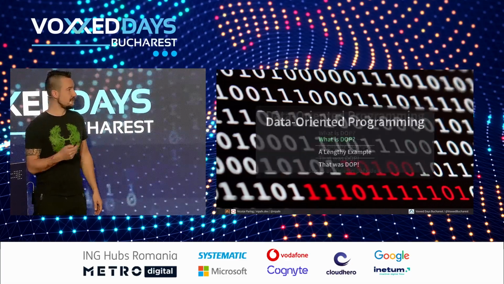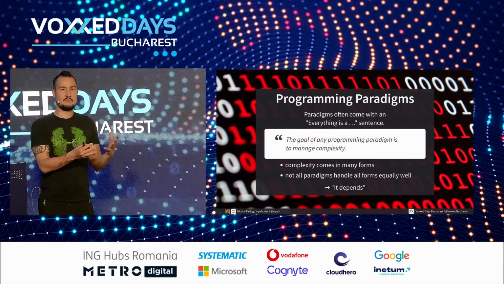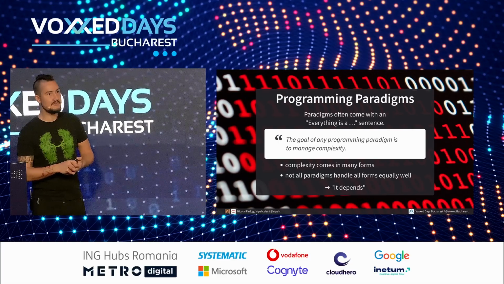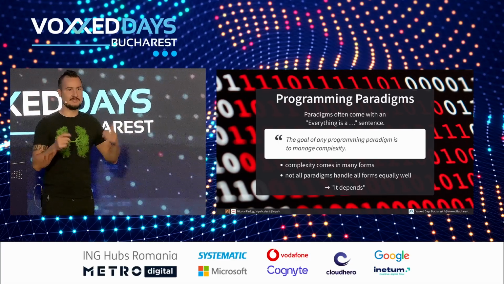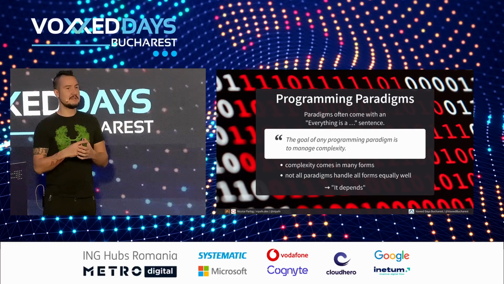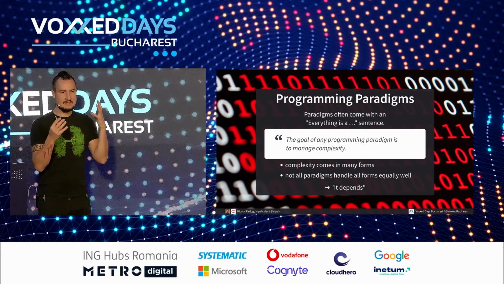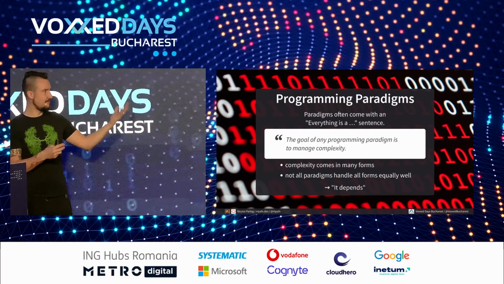Okay, so as I promised, let's start with what data-oriented programming even is. Before we get to that, we have to talk about programming paradigms in general, at least briefly. Most of them come with an "everything is a" sentence, right? Everything is a function, everything is an object. And what they're there for is to manage complexity. That's the main goal. We saw the keynote earlier where it was about simplicity, and of course the opposite of that is complexity.